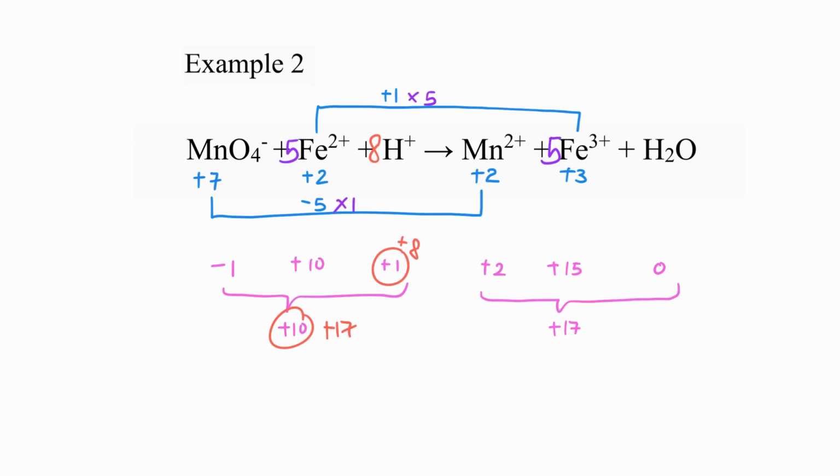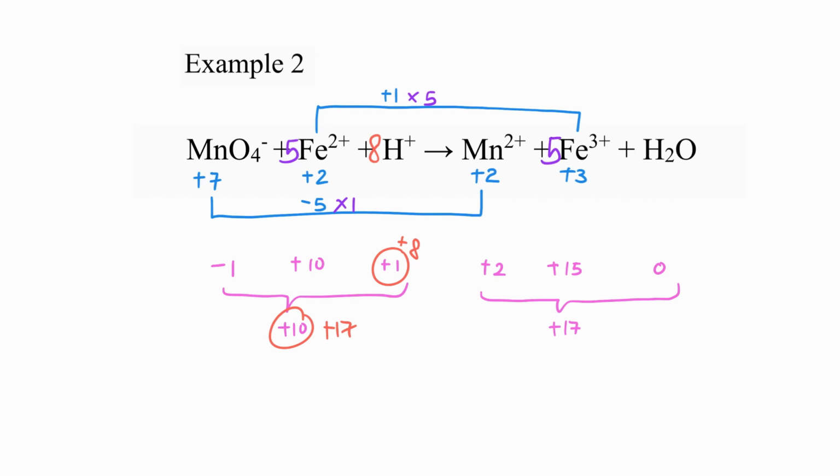So after balancing the charges, we will need to move to the last step, which is to balance the atoms. So we will have 1 Mn and 1 Mn on both sides, and the Fe are balanced as well, where we have 5 Fe on the left and 5 Fe on the right.